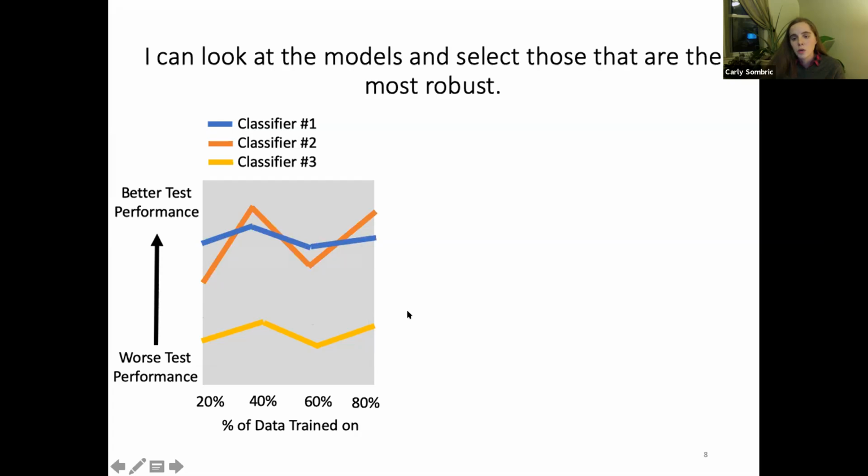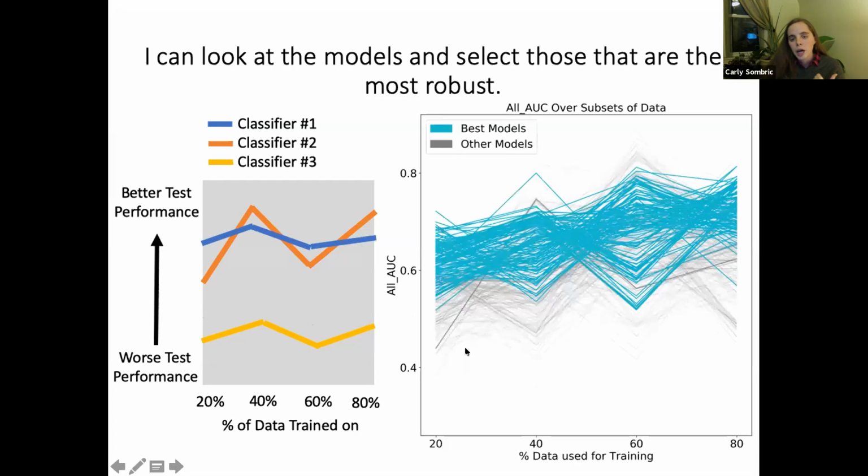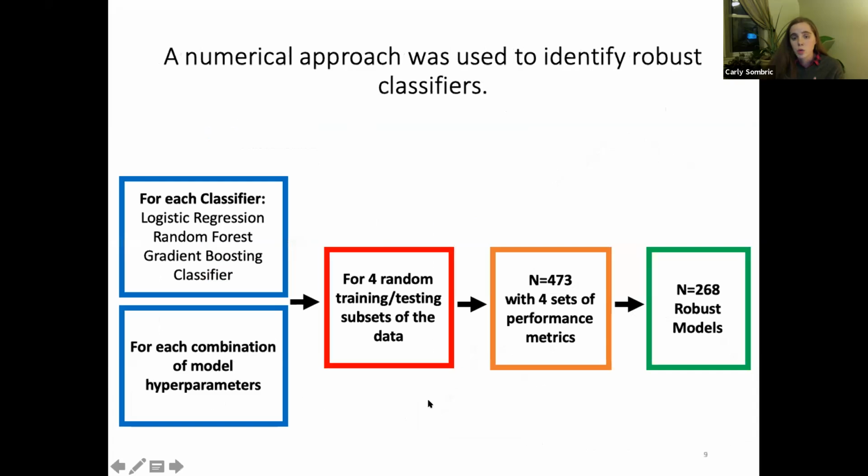To give you an idea of what that might look like, here is the AUC data for all of my 500 models, and I've highlighted the models that meet my criteria for the AUC performance metric, but also several other metrics as well. So I'm identifying a subset of the models as robust. And I am still identifying quite a few models. We have just over 260 models that I identify as robust.